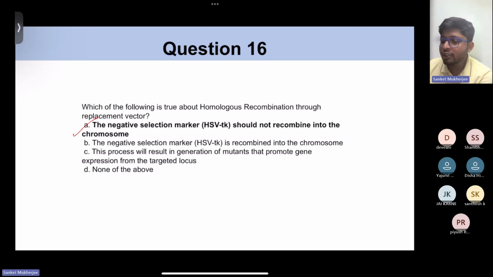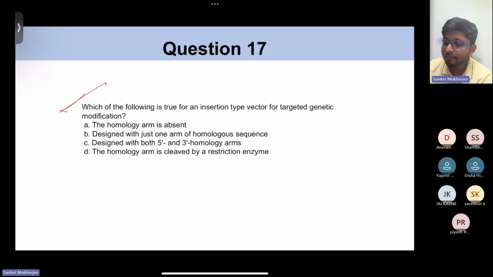Two more questions. Question number 17. Which of the following is true for an insertion type vector for targeted gene modification? The homology arm is absent. It is designed with one arm of homologous sequence. It is designed with both 5' and 3' homology arms, or the homology arm is cleaved by a restriction enzyme.